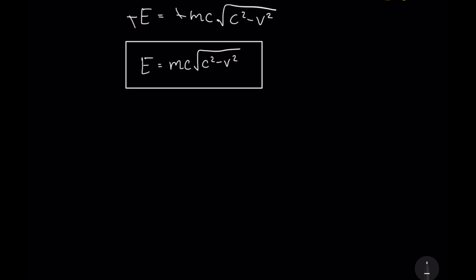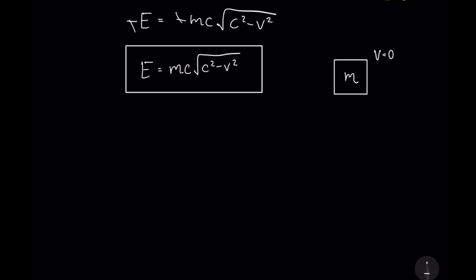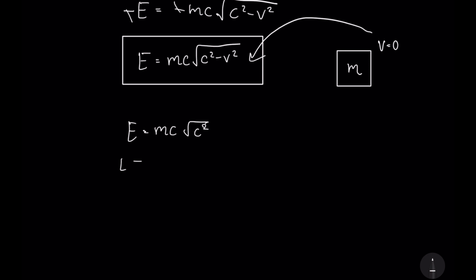Now you can see that if you have a stationary mass m moving with velocity 0, if we input that into our function, we get E is equal to mc root c square, which is basically E is equal to mc square.